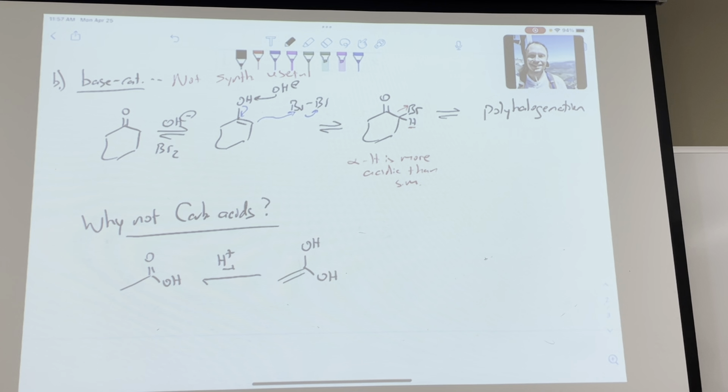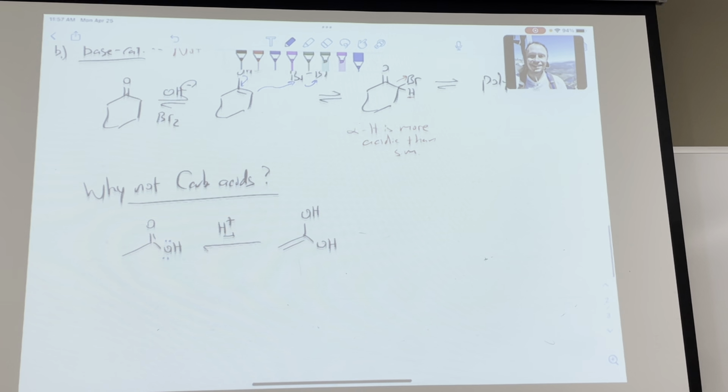The reason that's so difficult to do is because the carboxylic acid already has a lone pair atom attached. Right? The aldehyde and ketone don't have that lone pair containing atom attached to the carbonyl.